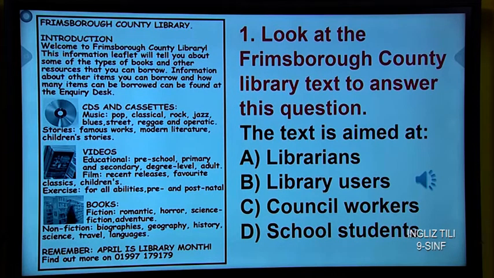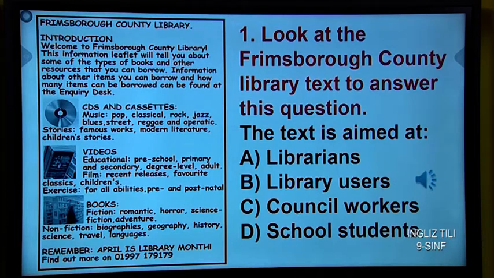Videos: educational, preschool, primary and secondary, degree level, adult. Film: recent releases, favorite classics, children's. Exercise for all abilities, pre- and postnatal. Books: fiction, romantic, horror, science fiction, adventure; non-fiction, biographies, geography, history, science, travel, languages. Remember, April is Library Month. Find out more on 01997 179179.